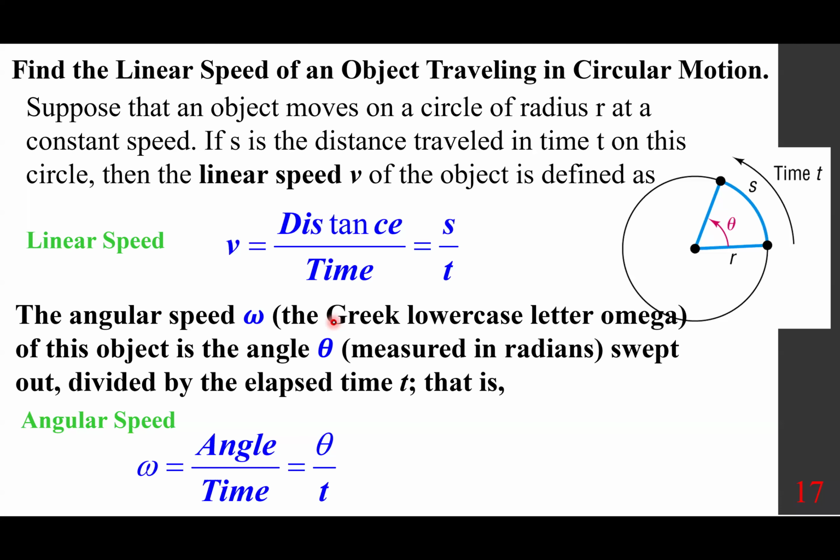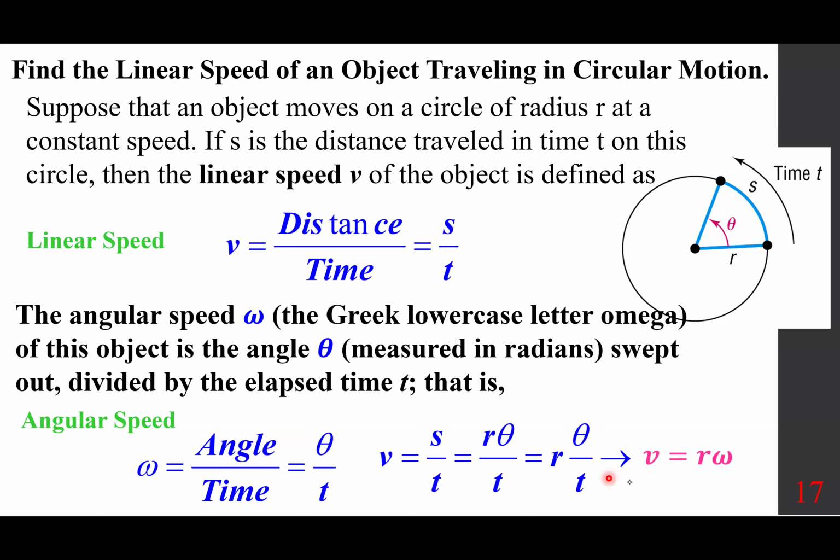It's very straightforward. Omega is angle over time, theta over t. V is s over t, where we know s to be r theta. So in s over t, we replace the s with r theta. We separate them into r times theta over t. We know theta over t is omega, therefore v becomes r omega.